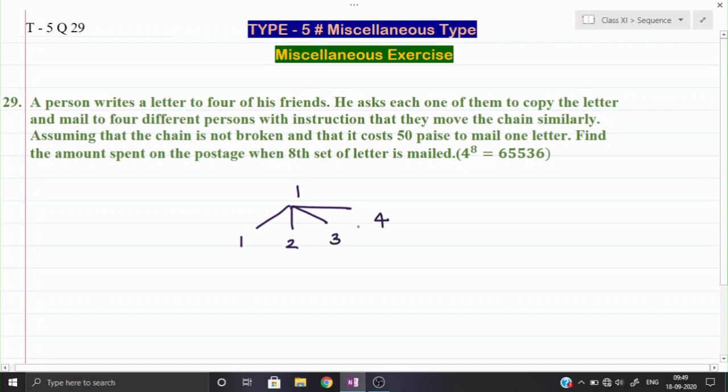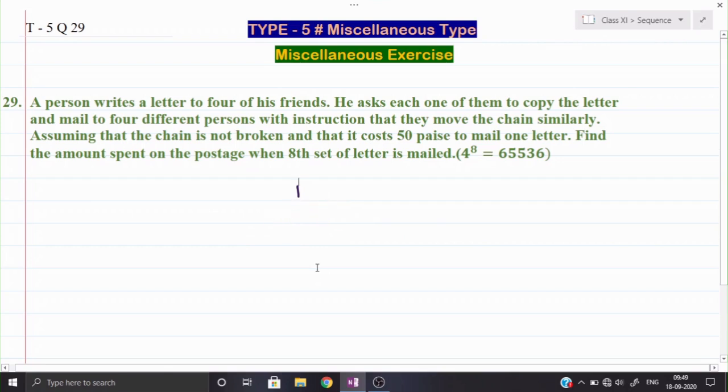Okay, so how many letters did he write initially? 4. Now each and every one of these 4 persons is writing 4 letters. Okay, so in total these 4 friends, how many letters are they writing? Each one is writing 4 letters. So all 4 of them are writing 16 letters, and this chain is going up till some terms.